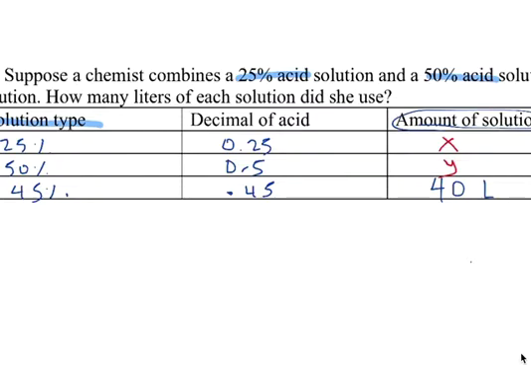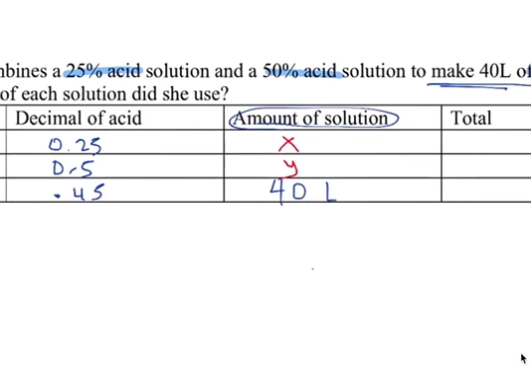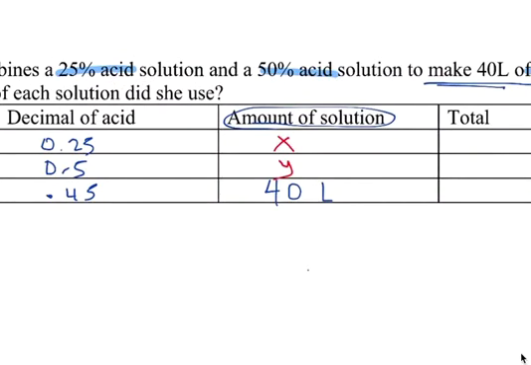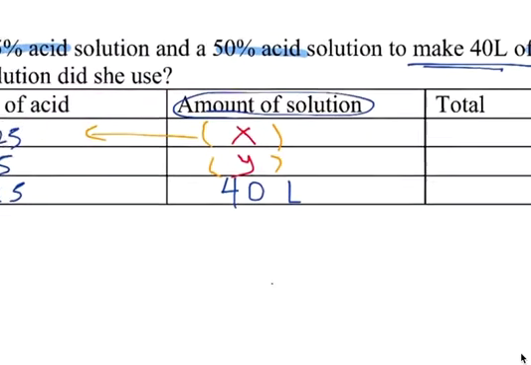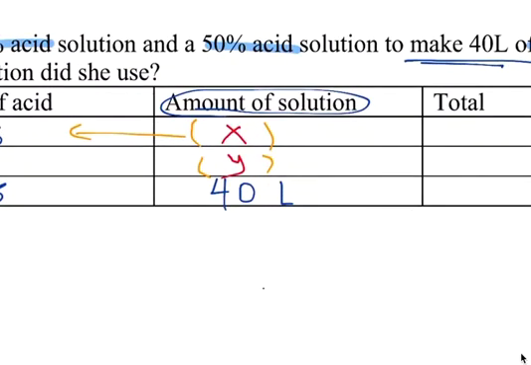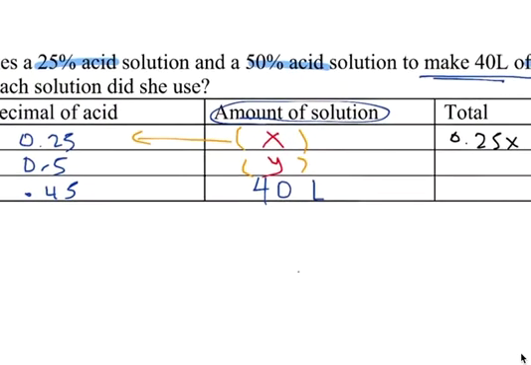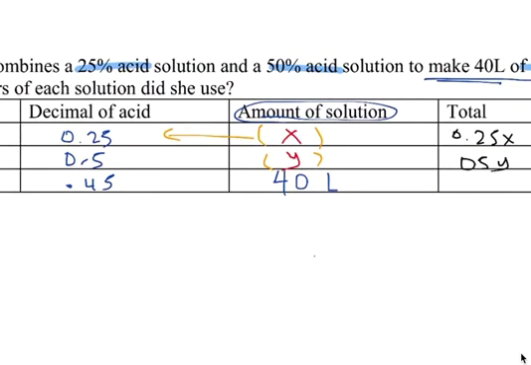So to find how much you have total, you have to multiply these two together. You multiply this with that, so you'll get 0.25x and 0.5y, and then you multiply this together.